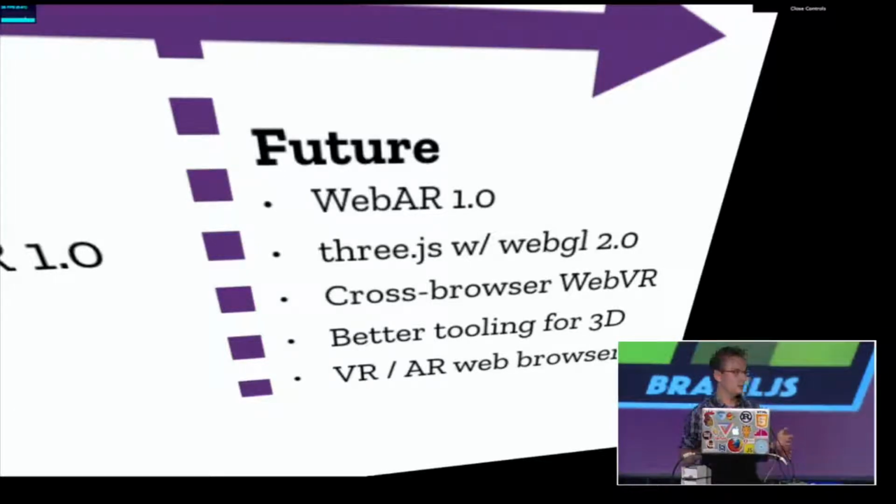Cross-browser WebVR, which means all devices and all the browser engines, will just simply work no matter what device you have. Better tooling for 3D, because we already have all these new APIs and we want to build these cool experiences. I'm really hoping that we'll get better and better tools. And finally, VR and AR web browsers. What that's going to look like, I'm not sure. There are some early prototypes, but it's also a very, very exciting space.